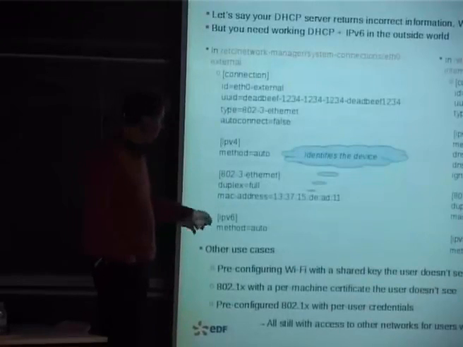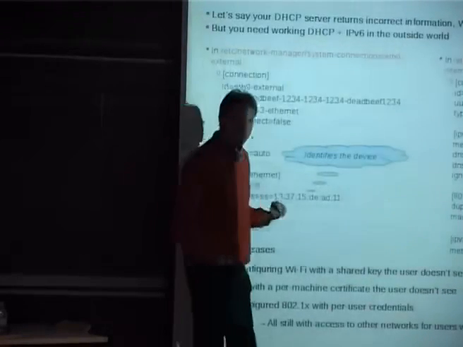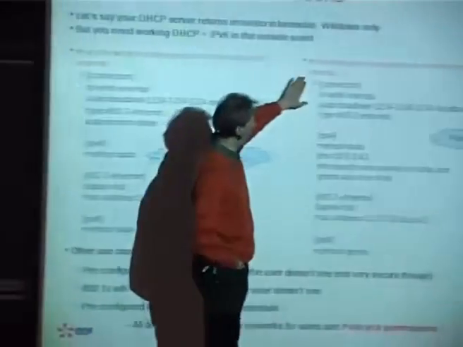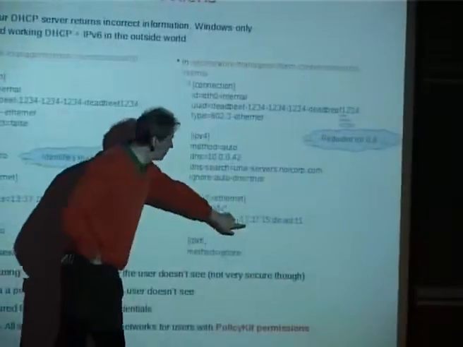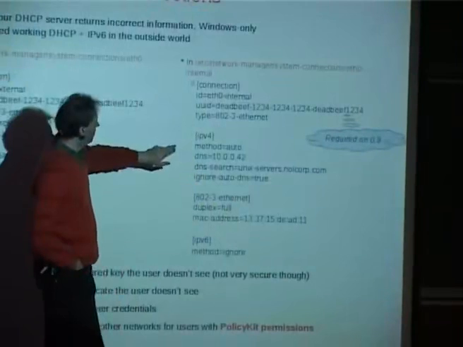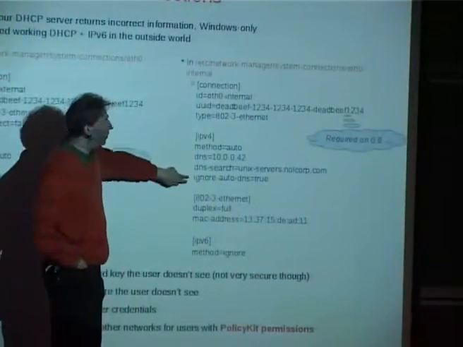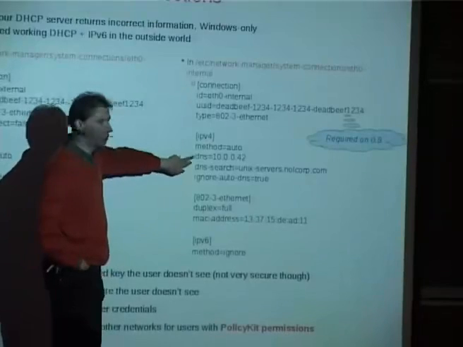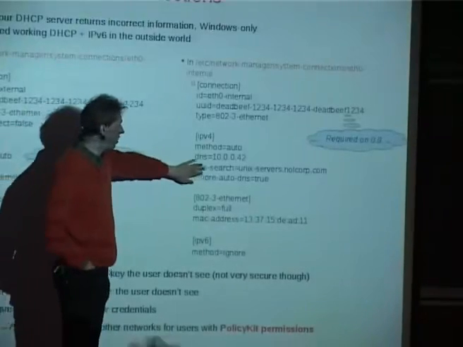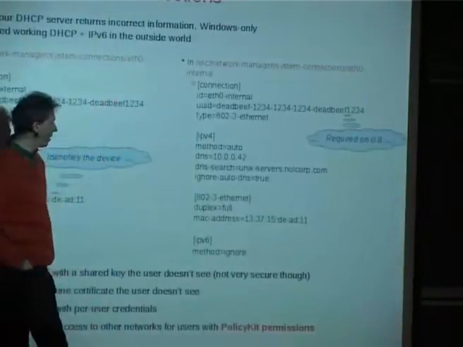And you enable IPv6. But you set up another connection with the same MAC address. And this one, you override everything from the DHCP server.